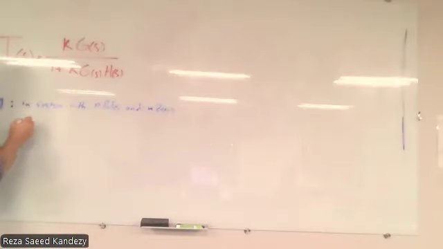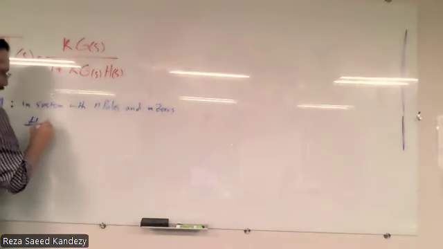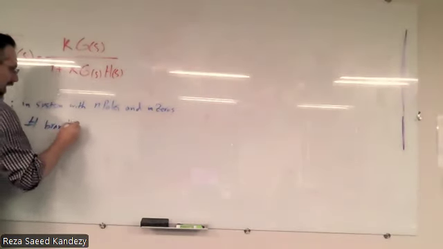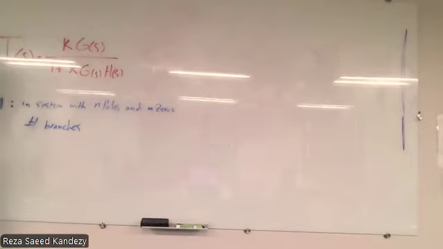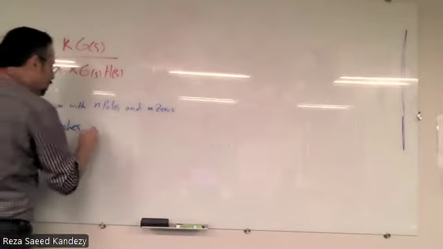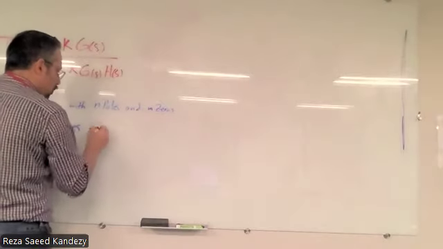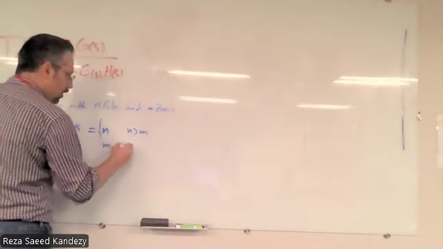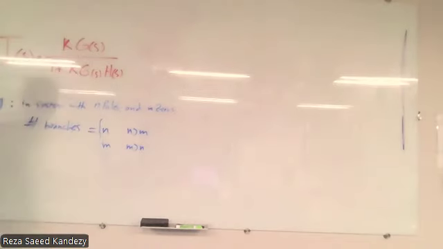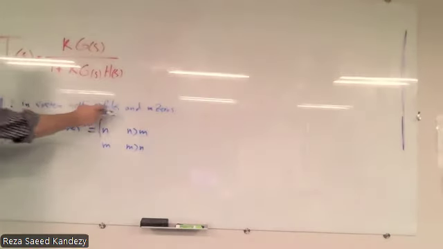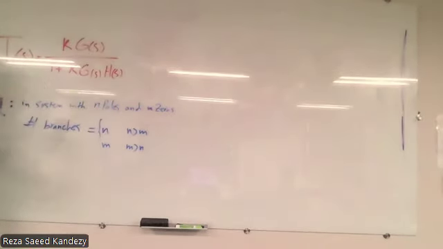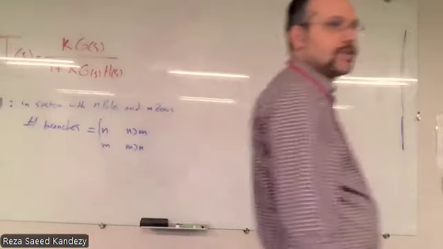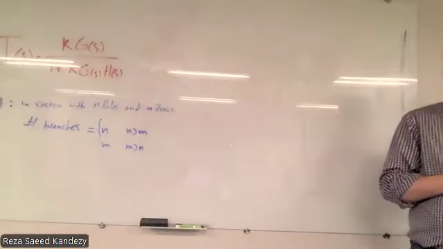The number of branches that you are going to see in your root locus is equal to n if n is bigger than m, and is equal to m if m is bigger than n. So whichever is the bigger one, the number of poles or the number of zeros, would be the number of branches that you're going to see in your root locus. Are we good?